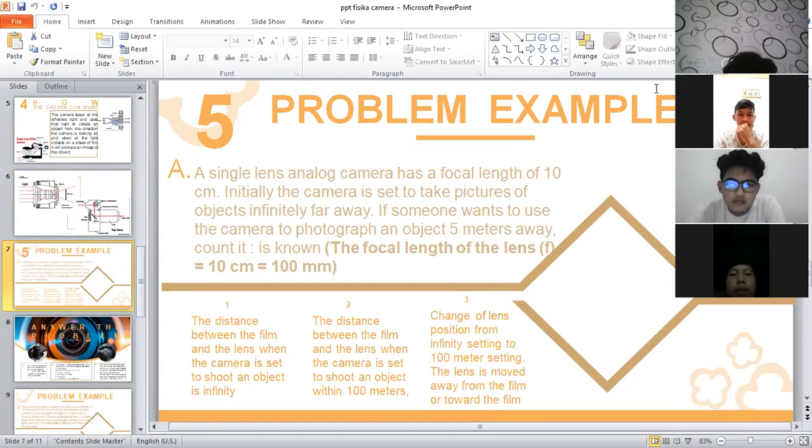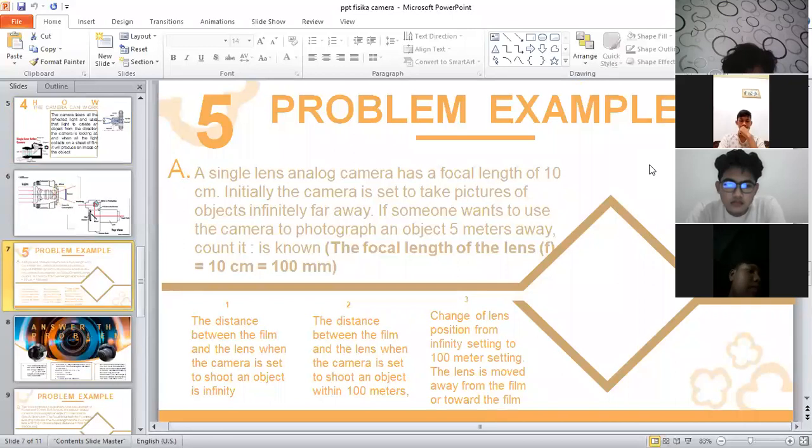Number 5, problem example. A single lens analog camera has a focal length of 10 cm. Initially, the camera is set to take picture of object infinitely far away.